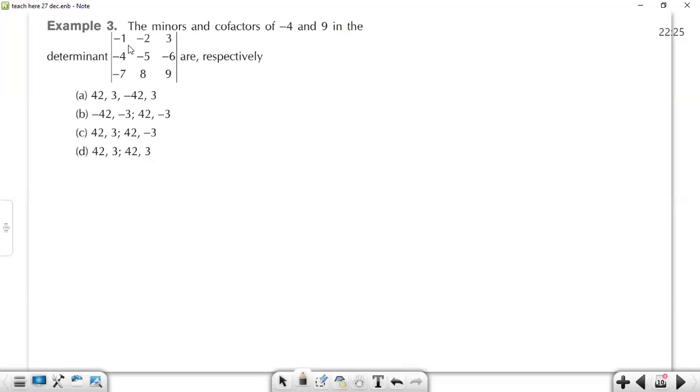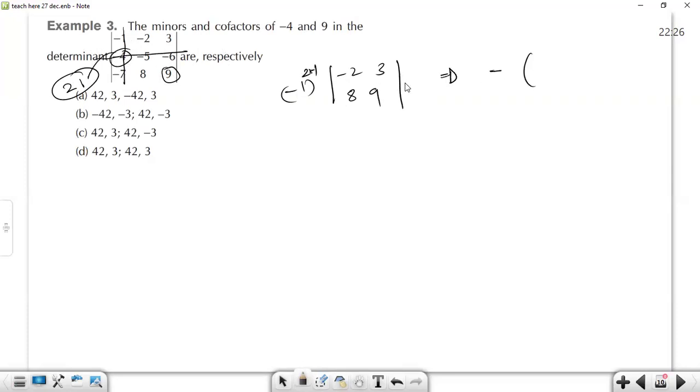So the minor and cofactor of minus 4 and 9. Let's find the minor first. Exclude the particular column and the row, take the determinant of the remaining, and multiply by minus 1 raised to power 2 plus 1, since this is the second row, first column, giving a negative sign. Minus 2 into 9 is minus 18, minus 8 into 3 is 24, this becomes 6 into 7, 42.